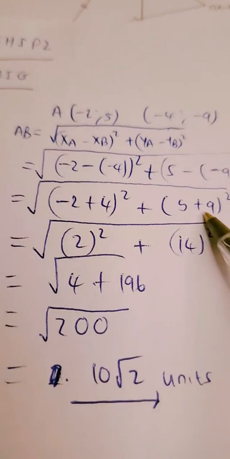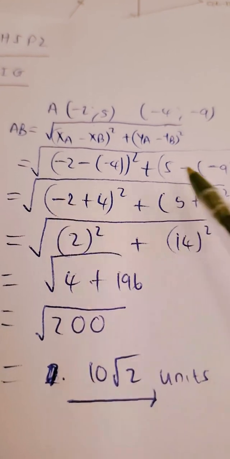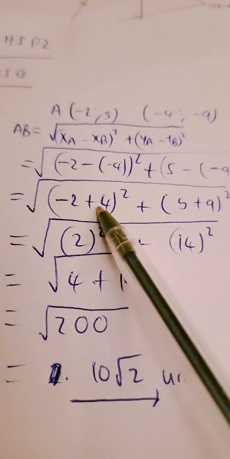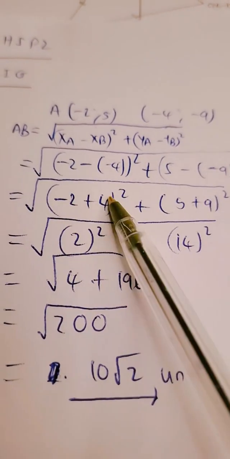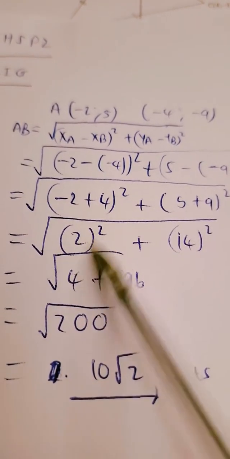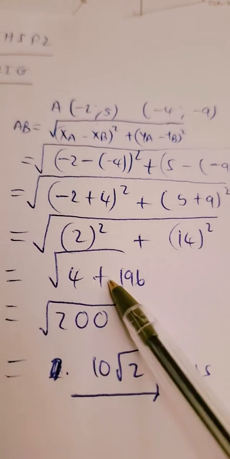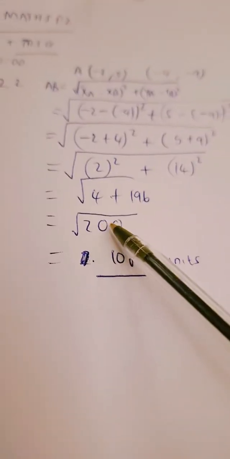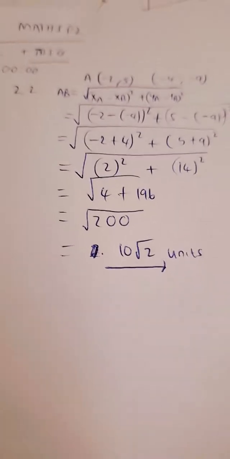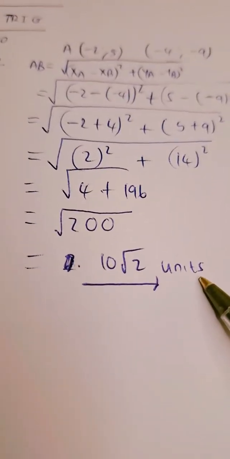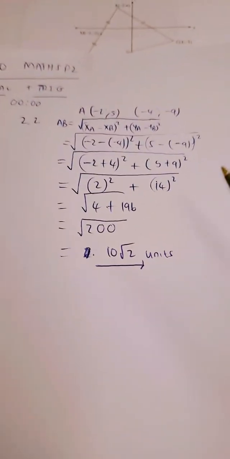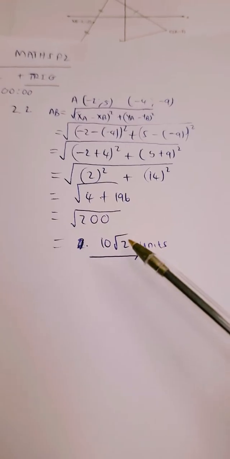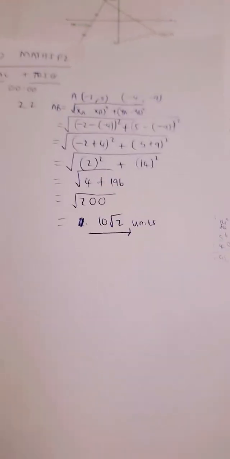I don't have the luxury of having a calculator, so I thought, let me just show you step by step, with the bracket, the sign resolved, the actual addition of the numbers, to get 2 squared is 4, 14 squared is 196, and then getting 200, and ultimately being able to express that in simplified surd form. So this is in no way confusing, rather it is an explanation for someone who may not have grasped analytical geometry at school to begin with.